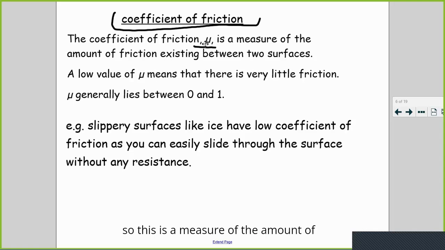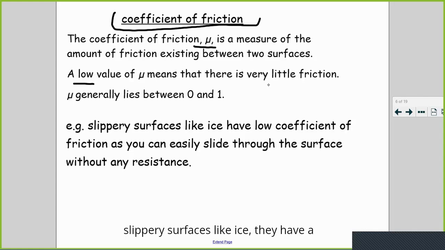This is a measure of the amount of friction between two surfaces. If the coefficient of friction is low, that means there is little friction. For example, if it was 0.1, that means very little friction. If it was 0.9, that would mean high friction. Generally, it's between 0 and 1.